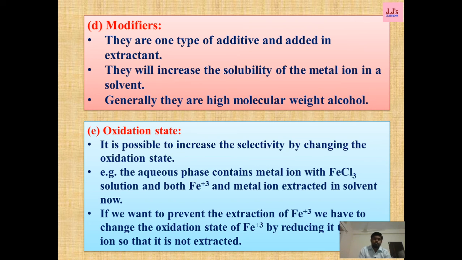That Fe plus 2 ion does not undergo extraction. That means now the metal ion which is present with Fe plus 3 undergoes extraction. So your extraction process becomes selective by changing the oxidation state of Fe plus 3 into Fe plus 2. That's how the change of oxidation state works.